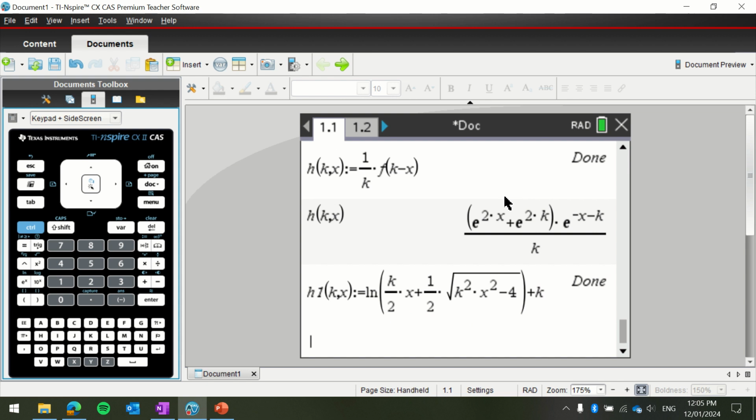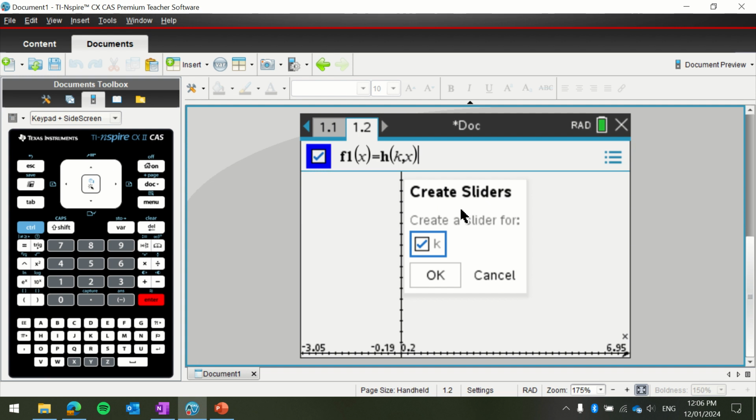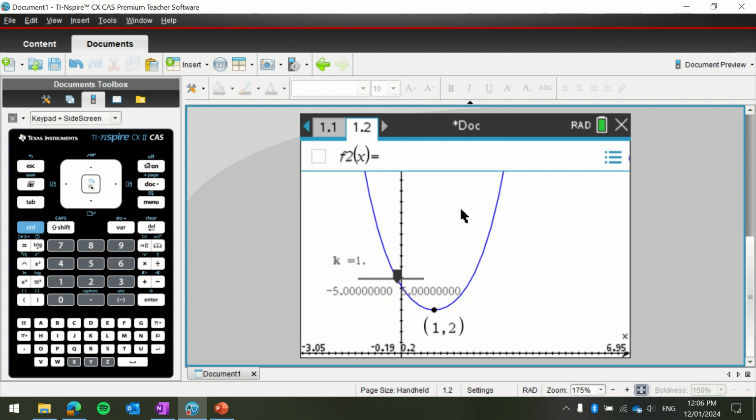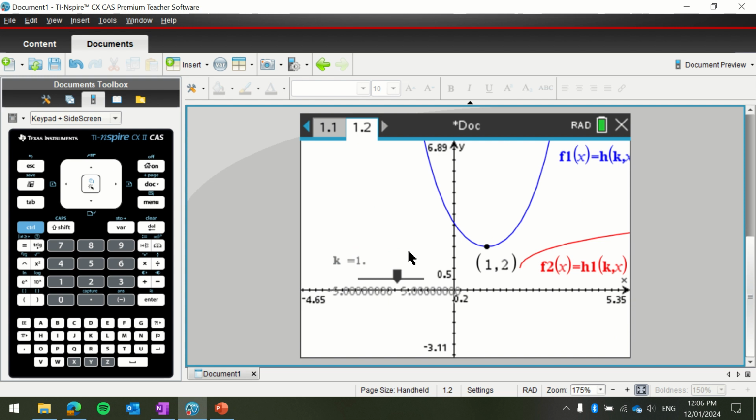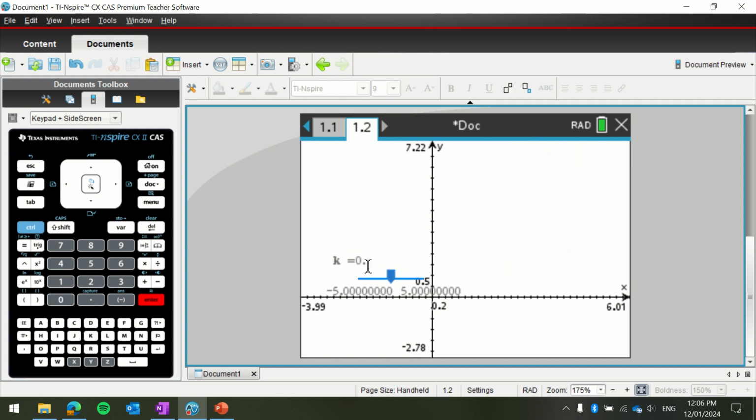Let's do it. Yep, I need the slider. Here we go. So here we can see the graph pretty easily. Let's get rid of that, we don't need that. Okay, let's start with 0. Nothing, right?